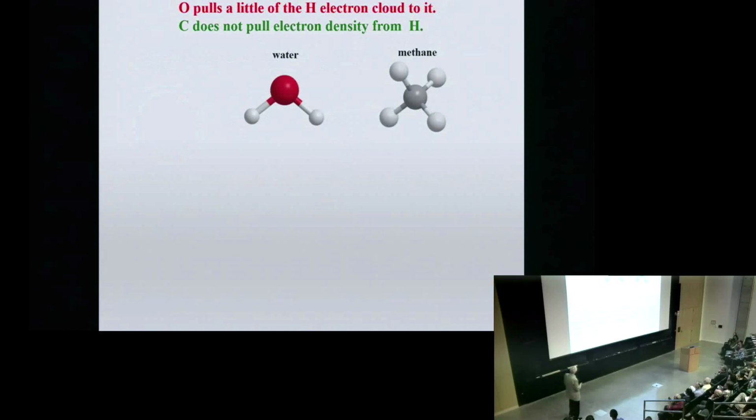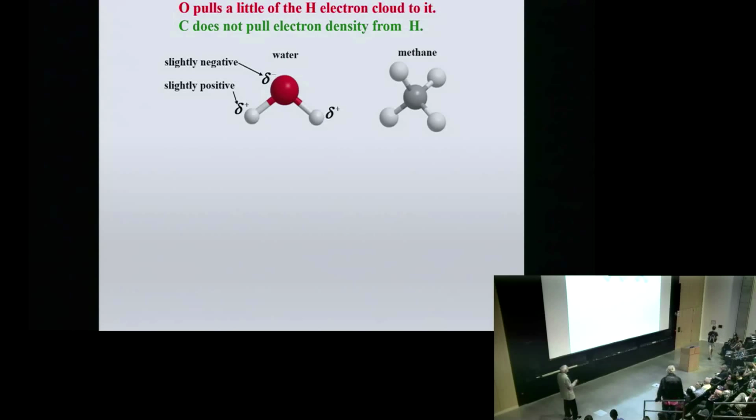So what that means is when I look at this water molecule and this methane molecule, what we can do is assign partial charges. Now remember, as atoms, there were no charges on these things. But oxygen likes the electron so much that it drags some of the electrons away from the hydrogens, making the oxygen slightly negative, and the hydrogens have slight positive charges.